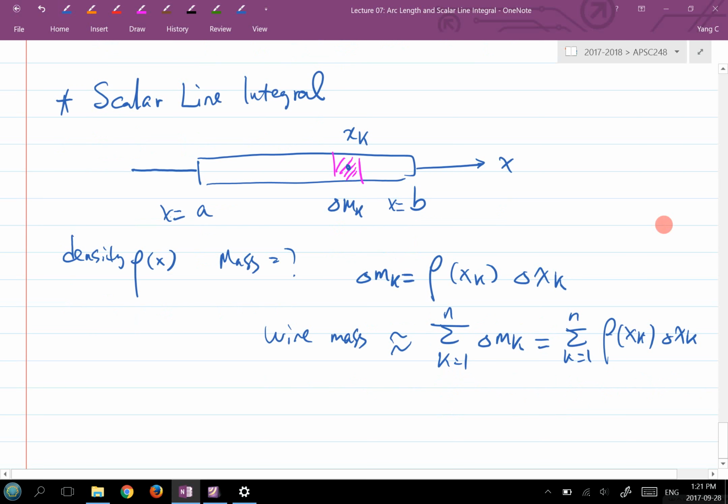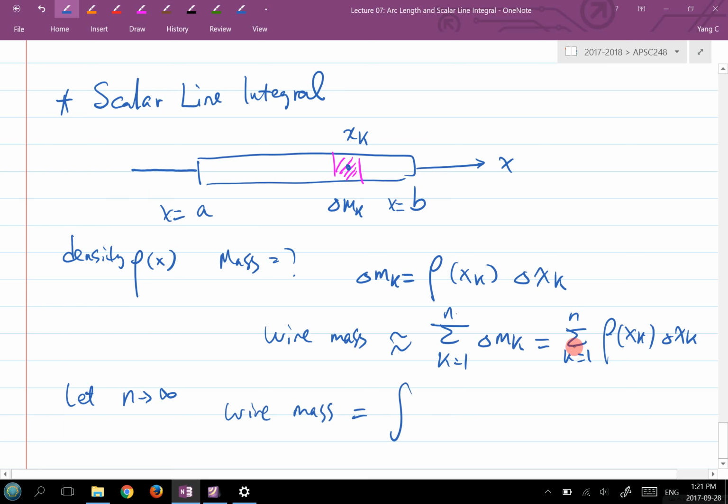But honestly, we don't want the approximation, we want the exact number. So we let n go to infinity. If we add an infinite number of segments together, you get precisely the total mass. When n goes to infinity, the finite summation sign becomes what?